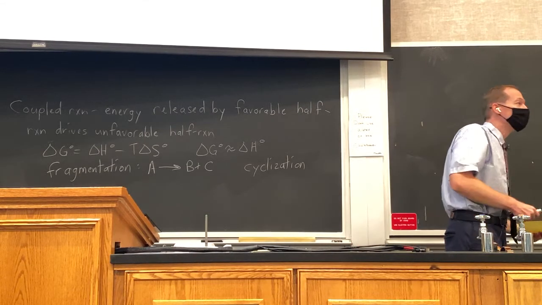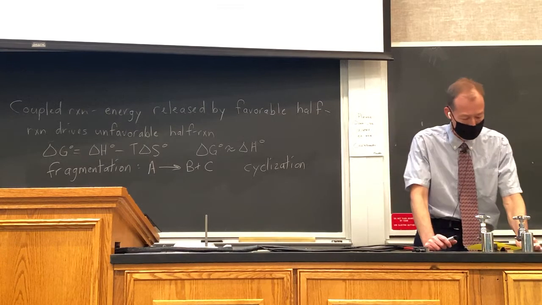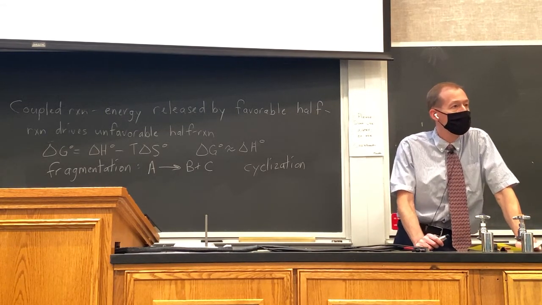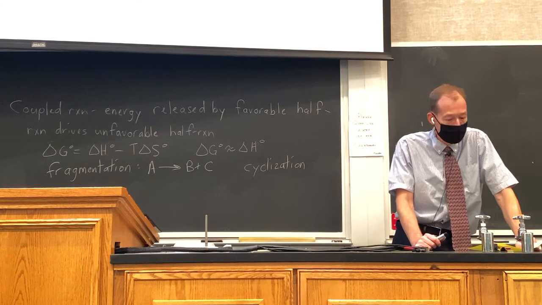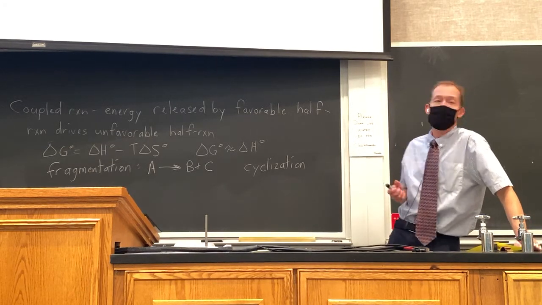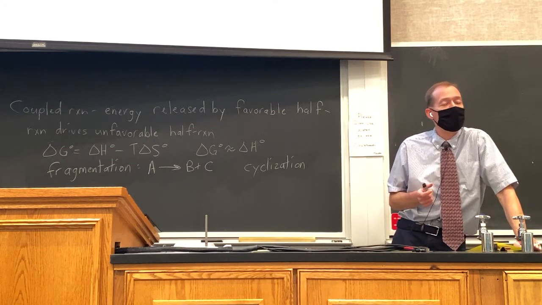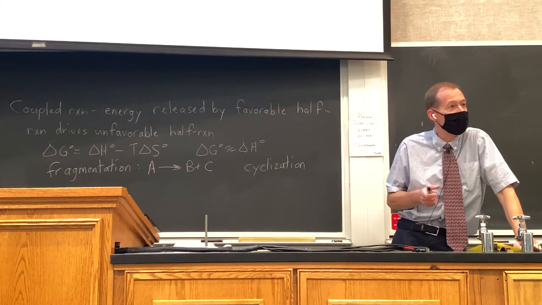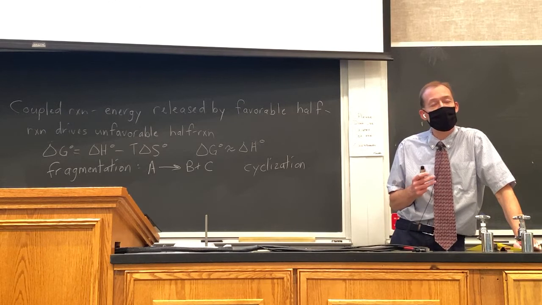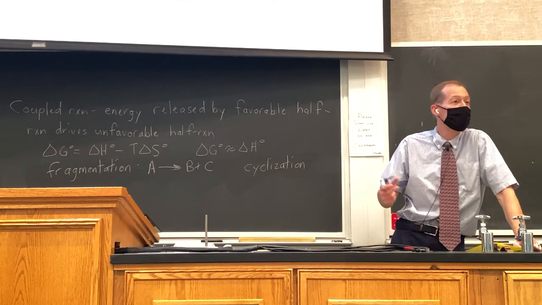Question? Yes? I'm not sure if this is in scope of this class, but I've always wondered, the ATP reaction is going to generate heat generally, right? So how does that actually get turned into motion and kinetic energy in our muscles? That's a great question. It's a fairly complicated process. Sometimes it's not necessarily heat that's given off.